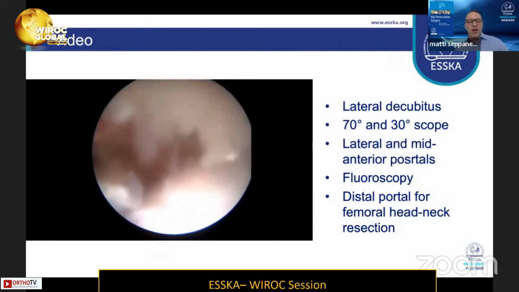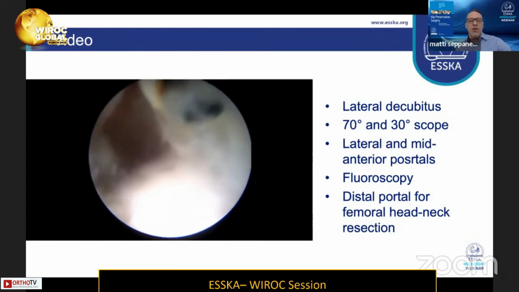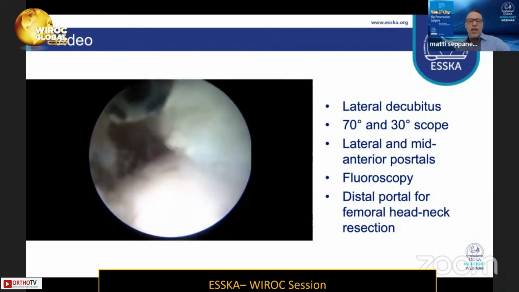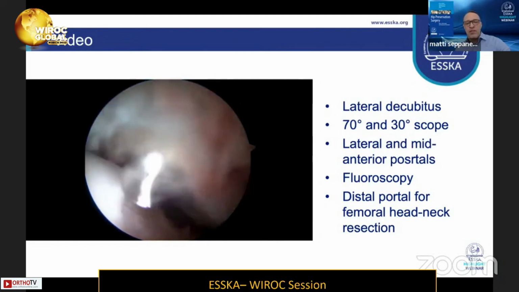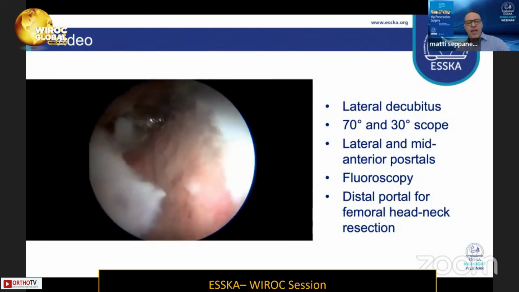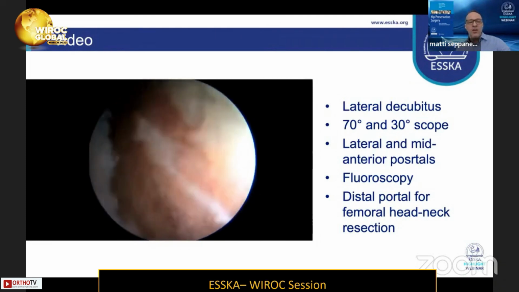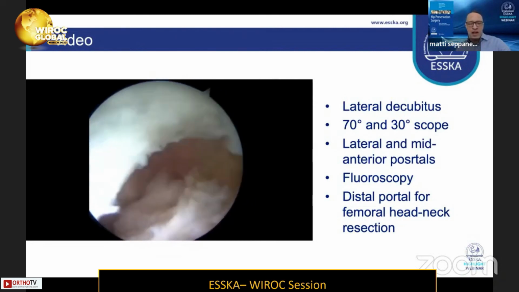The whole idea, I think, for the hip arthroscopy or hip preserving surgery is that you try to optimize the bony anatomy. So every time you have done the rim resection, you have to take care that the head and neck junction is also compatible for the socket side.